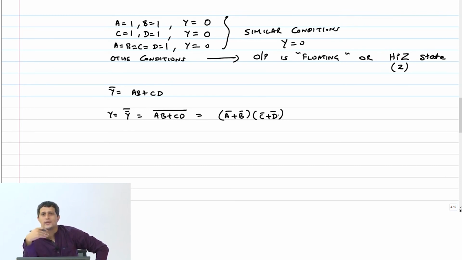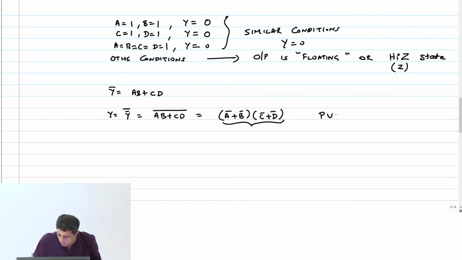So there is no way that any of these combinations can cause the pull up network to turn on and the pull down network to turn on, because we have complemented these two, right? So there is no path for the current from VDD to ground in any of the input combinations, right? By design, that's what has happened. So now we need to go ahead and implement this function in our pull up network. Okay, this is for the pull up network.